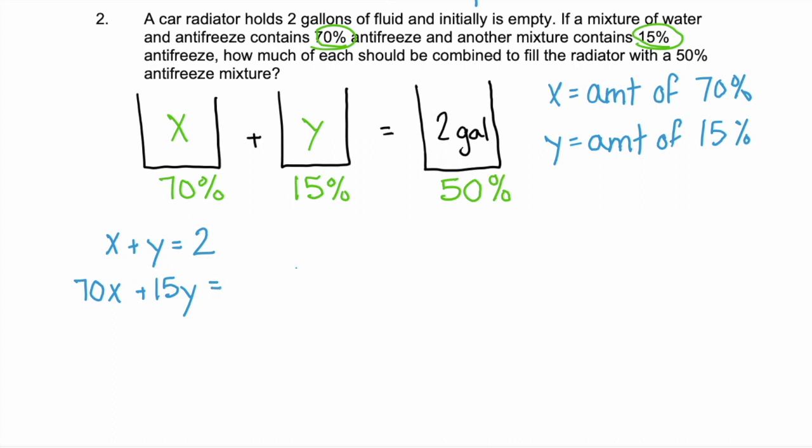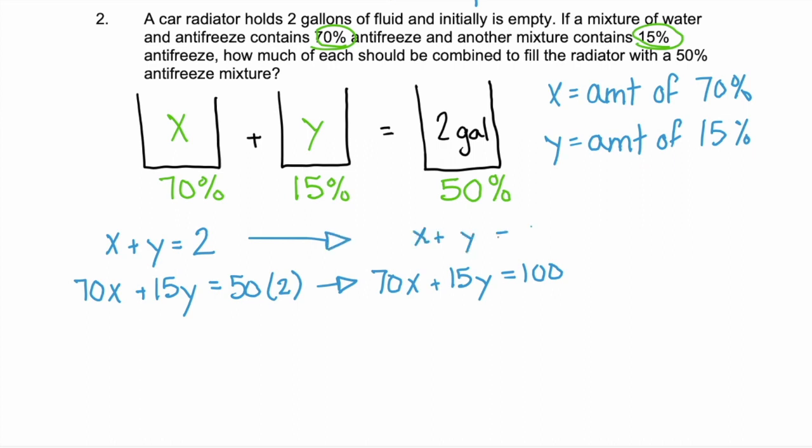And that has to equal 50% of 2, or 50 times 2. So let's simplify this second equation. So 70x plus 15y equals 100. And we can bring our first equation over too, which is x plus y equals 2.